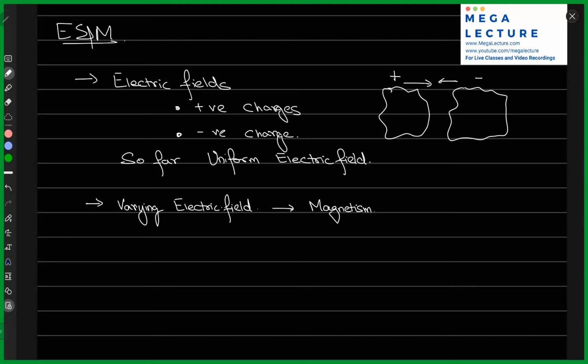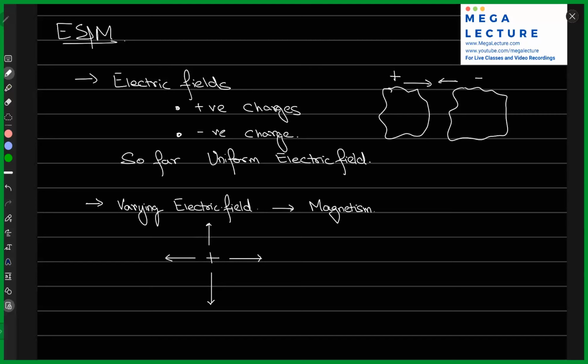That means that if I have a charge, suppose a positive charge, you're already familiar with the idea that a positive charge will have electric field lines around it. I'm going to draw these electric field lines like this. These are radial electric field lines. They come directly outwards.